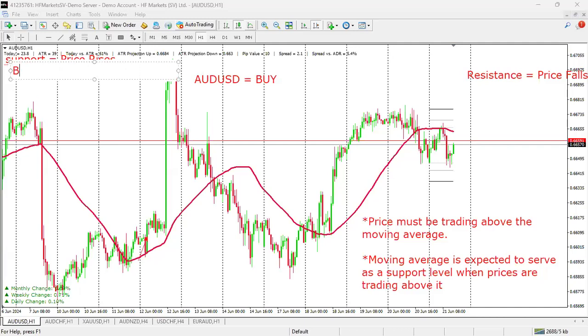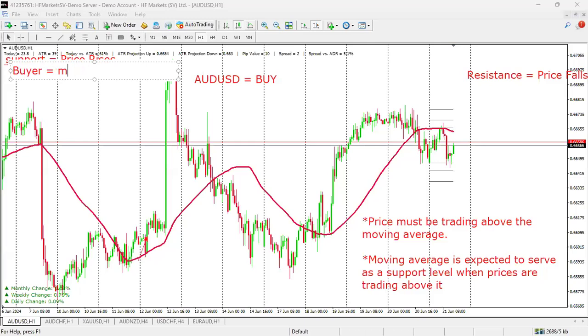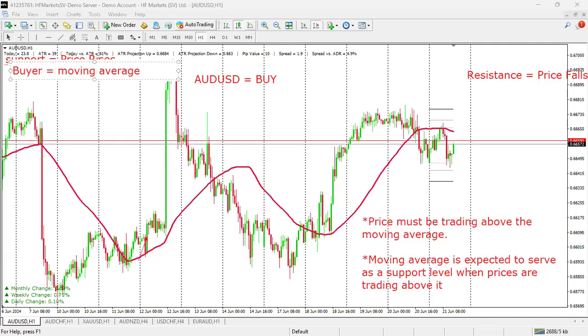And if a buyer is always looking for a support level, the moving average could serve as that support level. It could.